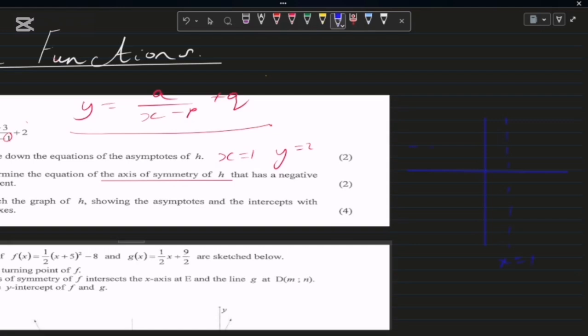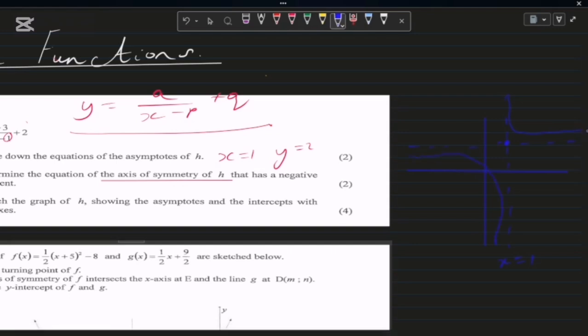Let's put the graph there, and then the other one there.